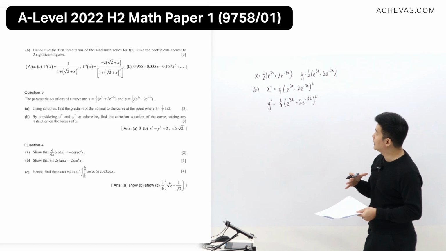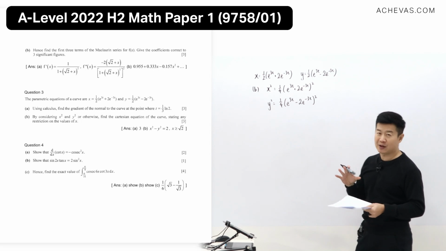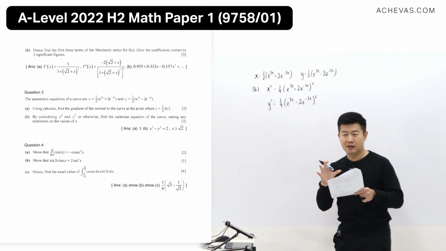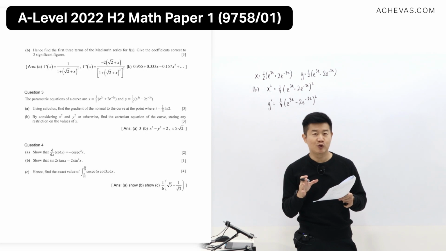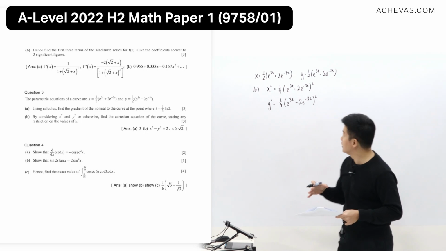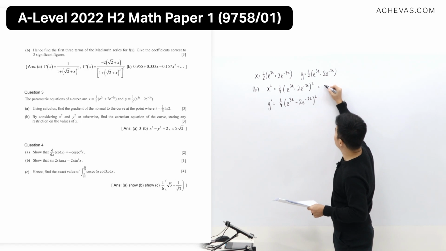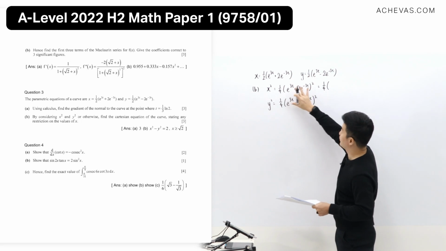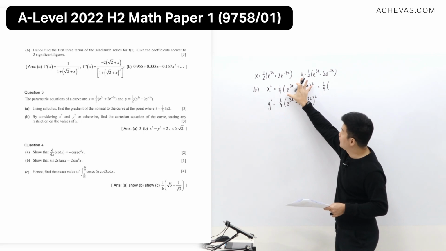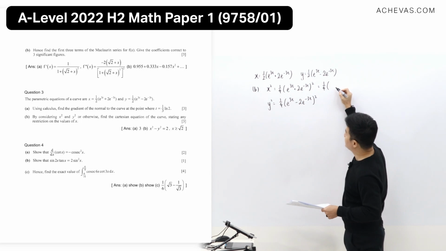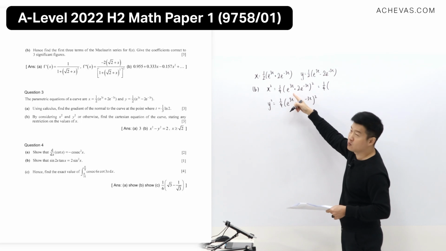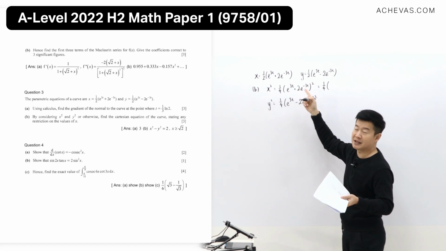So one way that we can try to manipulate this a little bit to get more perspective of how x squared and y squared are going to be useful in getting the Cartesian equation is to just expand this, okay? If I expand this, it is like (a + b) squared, which is a squared plus 2ab plus b squared.